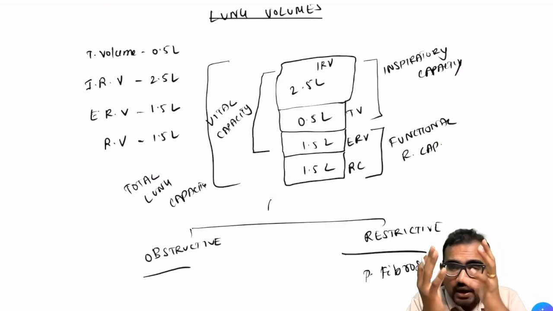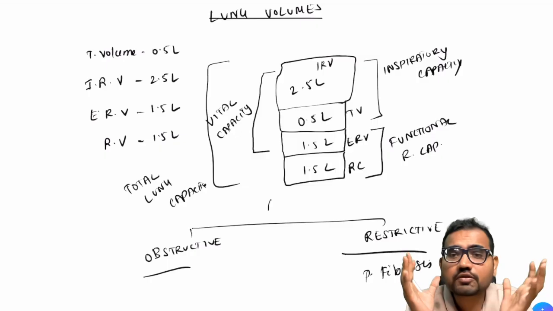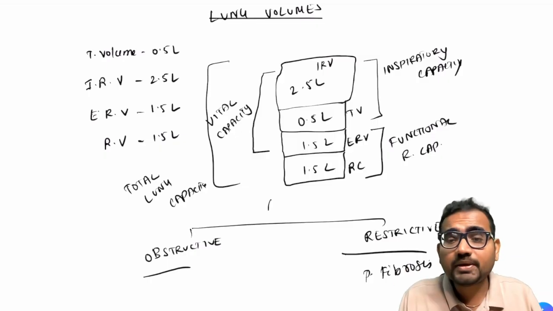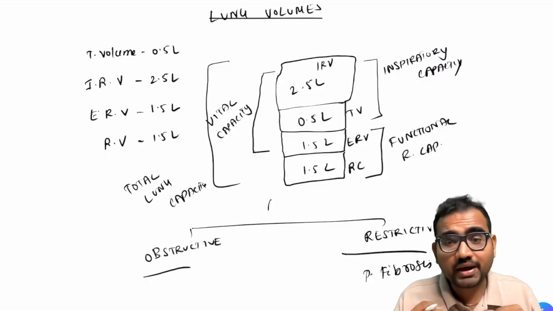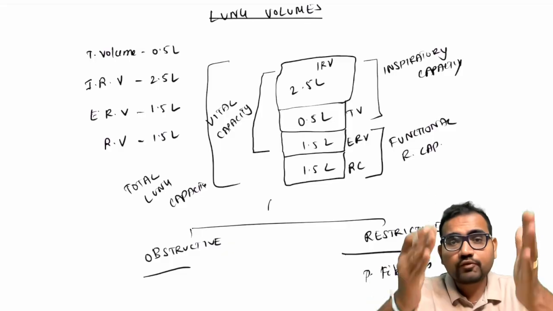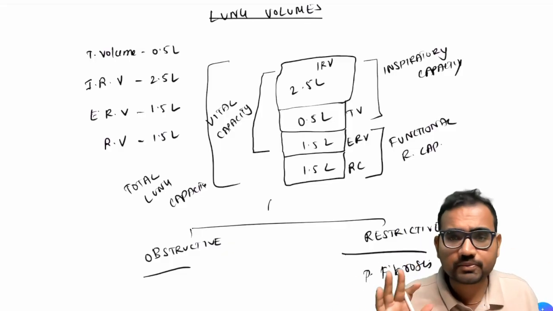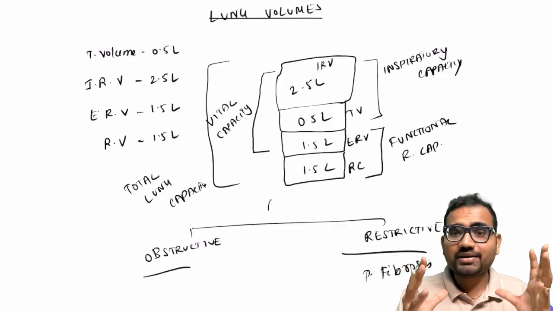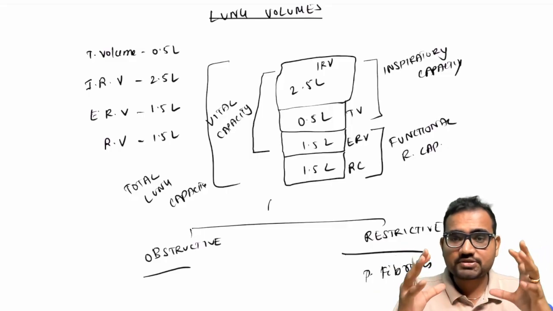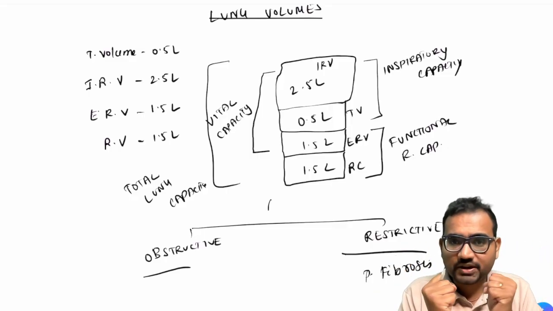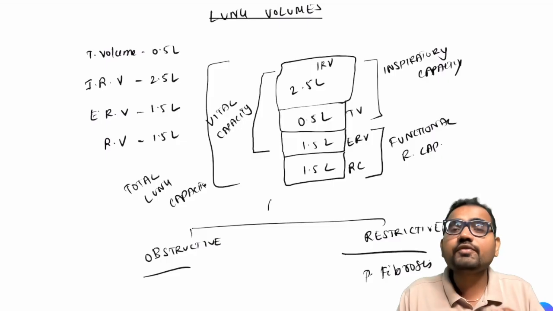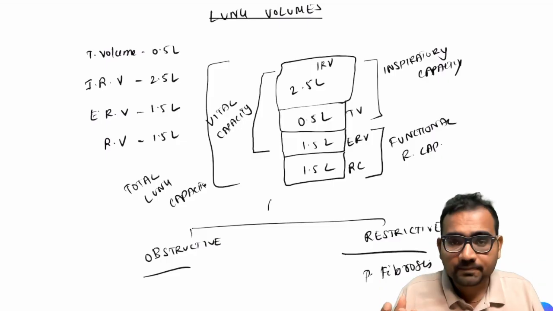The entire lung volume is reduced because it is fibrosed, right? So there will be decreased inspiration and decreased expiration, so all the four values will be reduced in restrictive diseases like pulmonary fibrosis, because the entire lung is fibrosed, it is stiff, the fibers are just constricting it, so it will be very difficult to inhale and exhale, so all the four will be reduced.